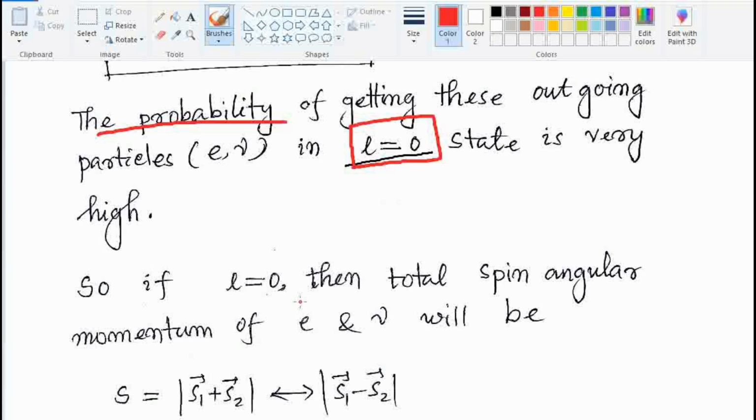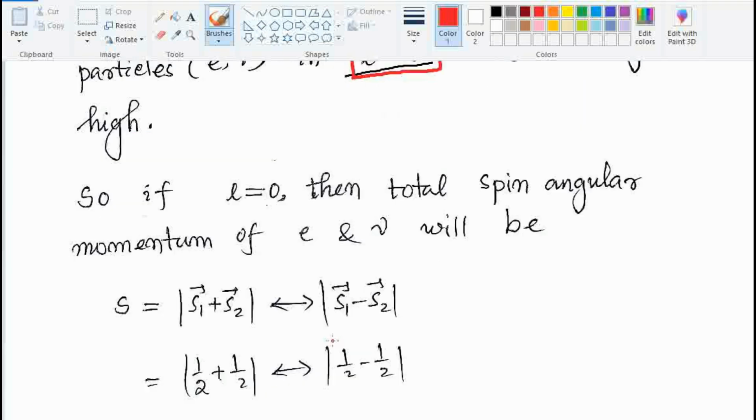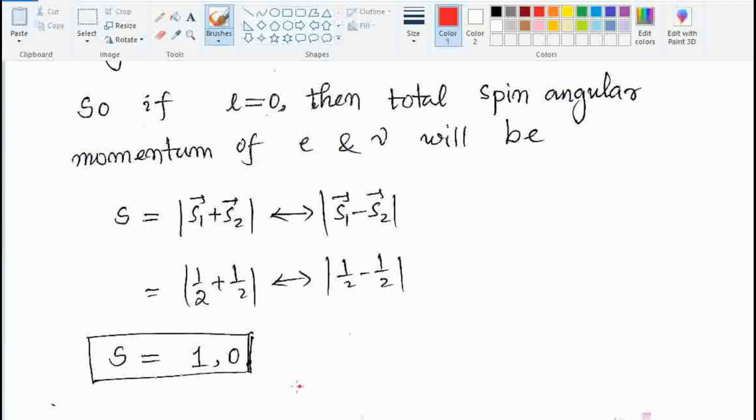So we know that the electron and the neutrino are both half-spin particles. So the net spin will be a vector addition, from 1/2 plus 1/2 to 1/2 minus 1/2. So the net spin equals 0 and 1. That means the spin of the outgoing particles can be 1 and can be 0.